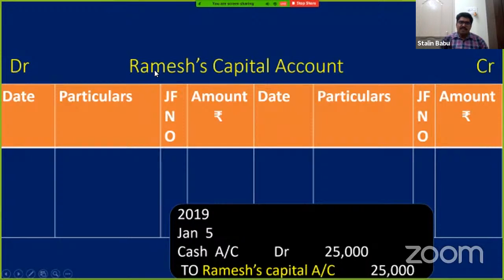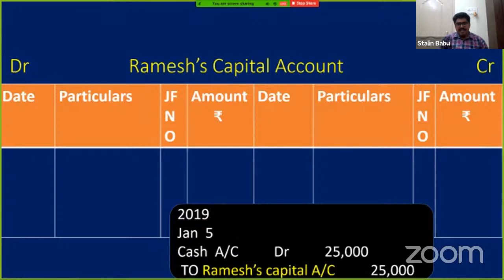We have to check whether it is debited or credited in the journal entry. Ramesh capital account is credited in the journal entry, so we have to post on the credit side.